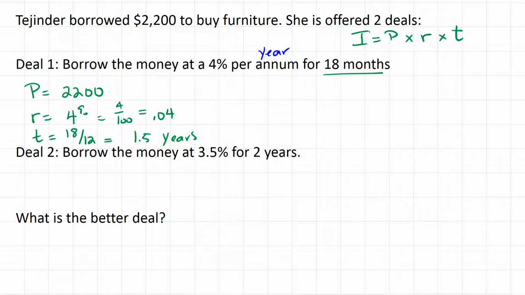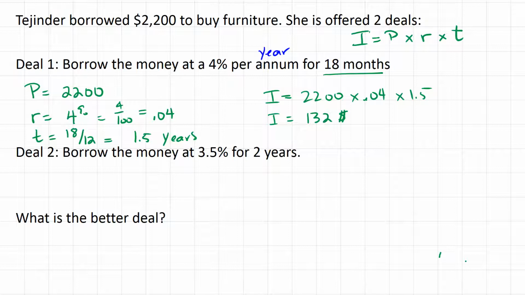So putting that all together, the interest that she would pay is $2,200 times 0.04 times 1.5. So the simple interest calculation means that she'd be paying $132 of interest. So the $2,200 to buy the furniture plus $132 extra just because she has to borrow the money.